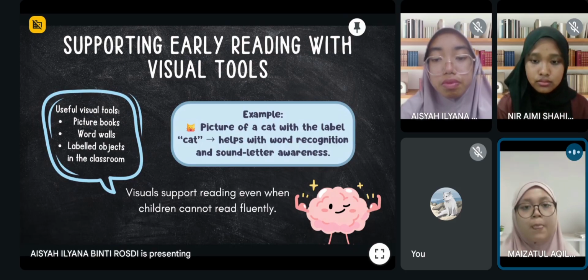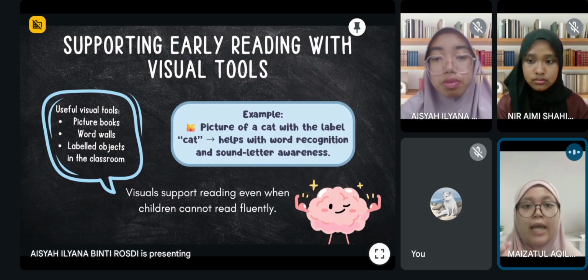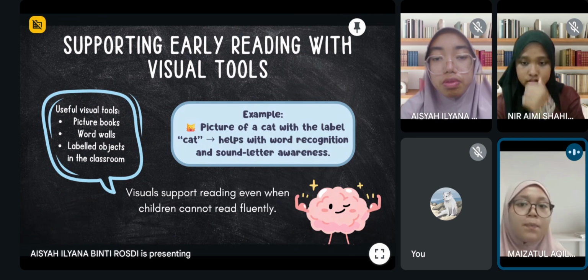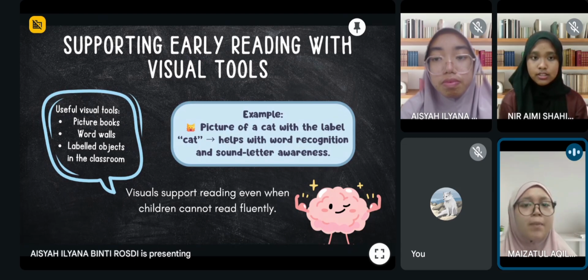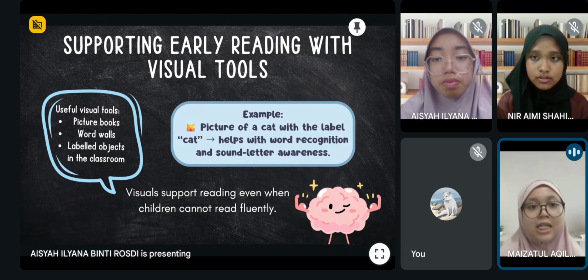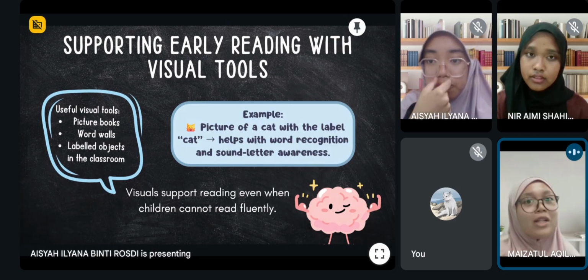For instance, when children see a picture of a cat labeled with the word cat, they begin to understand word recognition and sound letter relationships. These visuals also support comprehension by helping children understand what is happening in the text through the pictures, even if they are not yet able to read the words fluently.